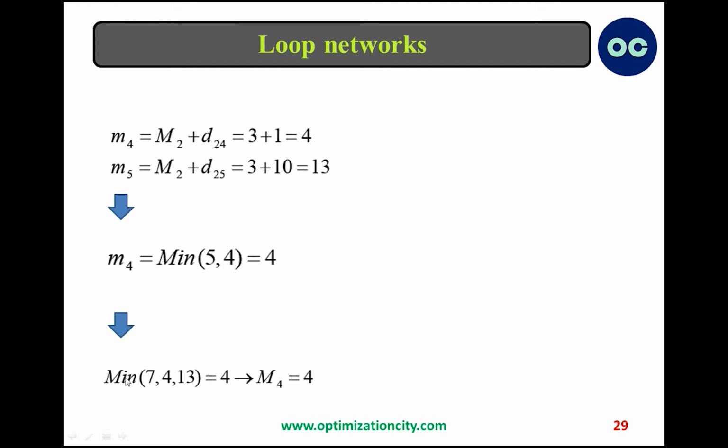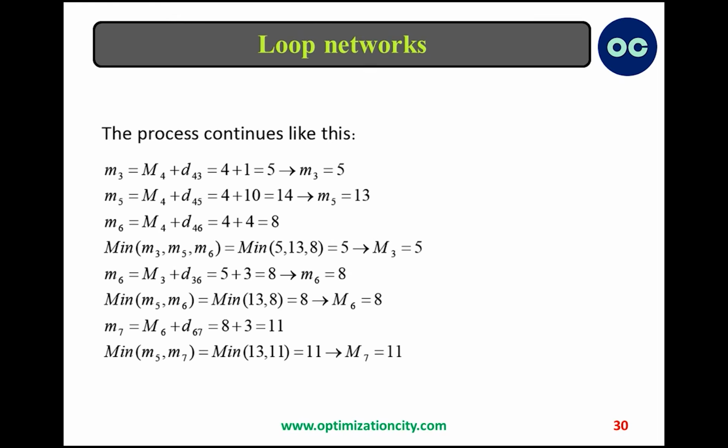And we find the minimum value of the temporary codes available here. We have 3 temporary codes so far: 7, 4, and 13. 4 is the minimum value. As a result, node 4 received a permanent code with a value of 4.